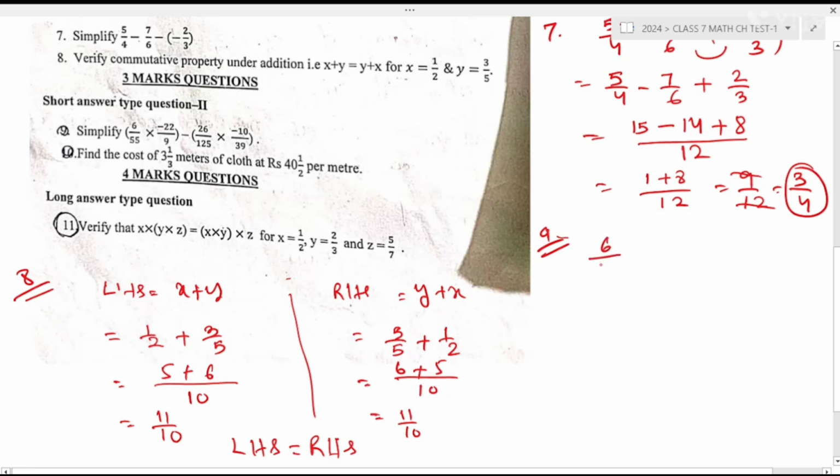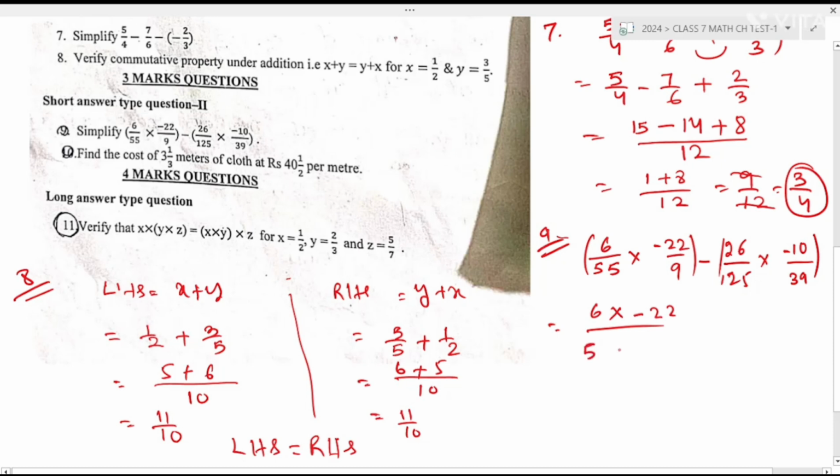Now next question, question number 9. Simplify 6 divided by 55 into minus 22 by 9, bracket, minus 26 by 125 into minus 10 divided by 39. First multiply: numerator into numerator, that is 6 into minus 22, equal to 55 into 9, minus 26 into minus 10 divided by 125 into 39.